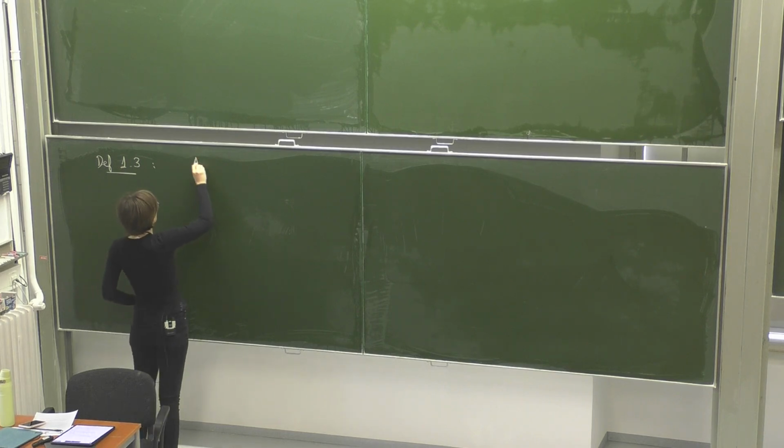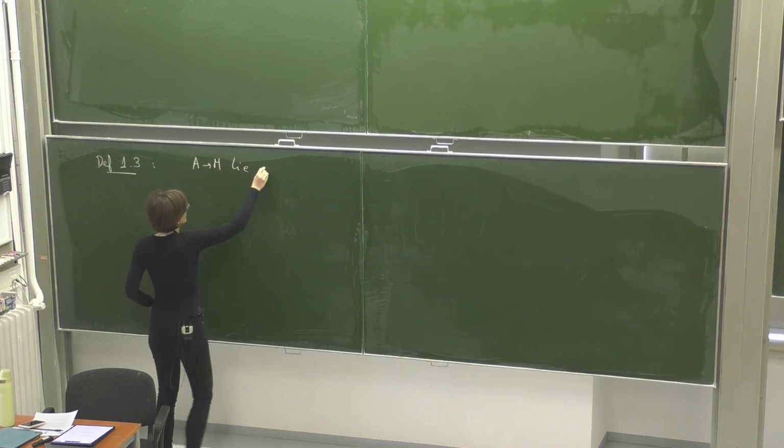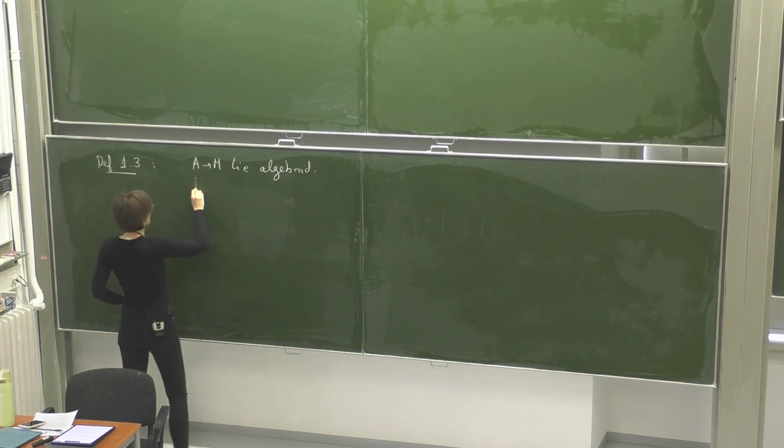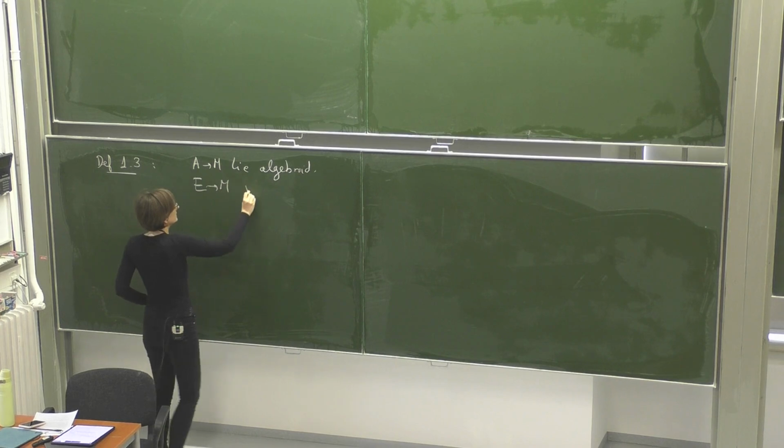So again, A over M is a Lie algebroid. And then you consider a vector bundle E over the same base.